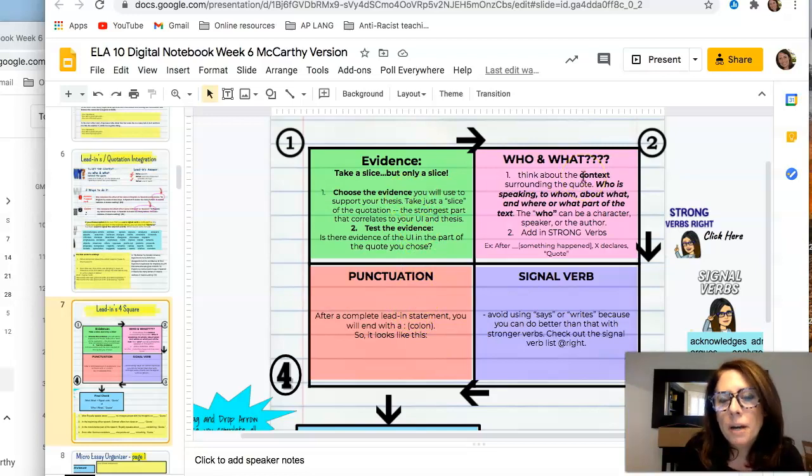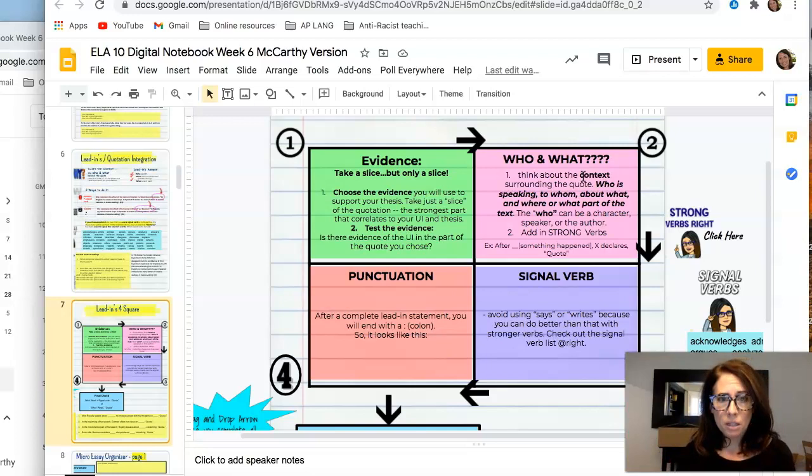Then you go to the pink box, number 2, who and what, your context. Well, who for Amanda Gorman is Gorman, and we always call a writer by their last name after we have introduced them for the first time. After we've already said their first and last name together, you would then call them by their last name.